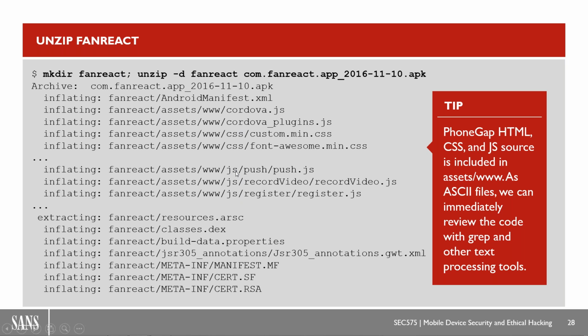That is the application functionality. Unlike Unity or Xamarin, the actual source code, the JavaScript files, are distributed without encryption or any other kind of obfuscation. So it's really, really easy to start reverse engineering these PhoneGap applications. Simply unzip and start looking through the JavaScript, HTML, and CSS.